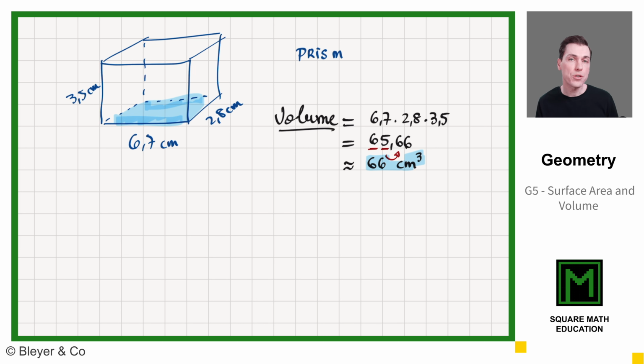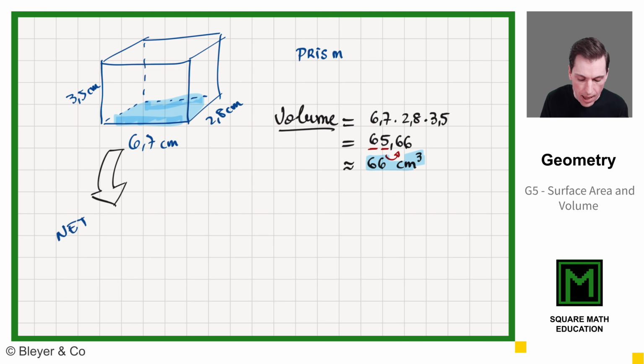Next, we are going to calculate the total surface area. There are different approaches to how we could calculate this, but one of them, to give a bit less work, would be by looking at my shape flat open. We also call this a net.